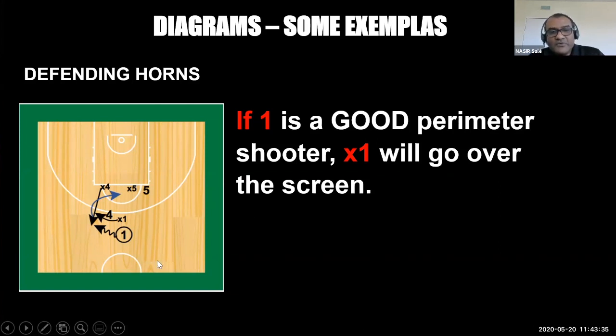We know that if the one is a good perimeter shooter, we must be careful in defense. We need to close over, because we don't have to give opportunities for a jump shot or one-on-one in our area, and we close over the screen if the one is a good perimeter shooter.